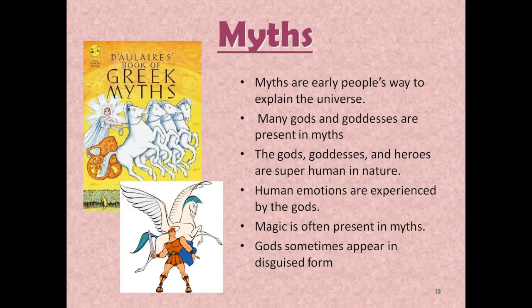The next one we have myths. So myths are early people's way to explain the universe. Many gods and goddesses are present in myths. The gods and goddesses and heroes are superhuman in nature. Human emotions are experienced by the gods. Magic is often present in myths. Gods sometimes appear in disguised form.